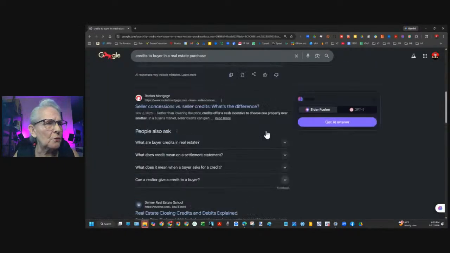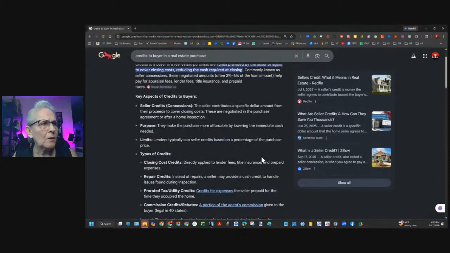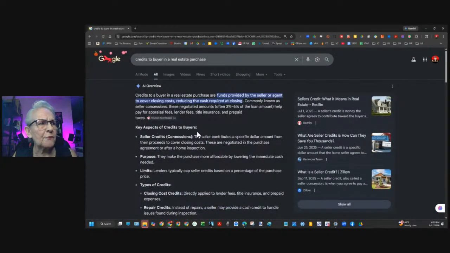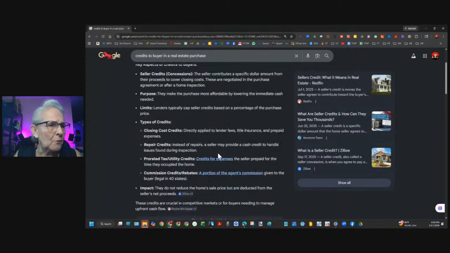They don't show one here really quickly, but key aspects of credits to buyers: seller credit concession. The seller contributes a specific amount from their proceeds to cover closing costs to make the purchase more affordable. Yeah, this is not what I wanted to see.